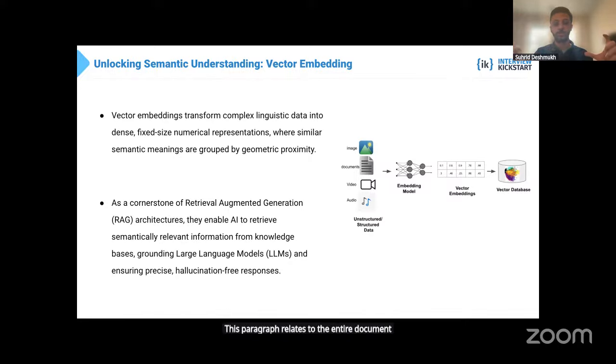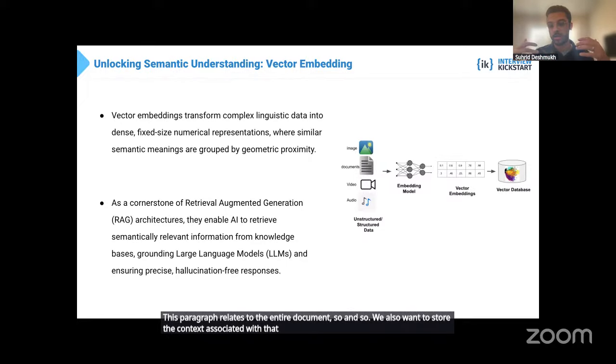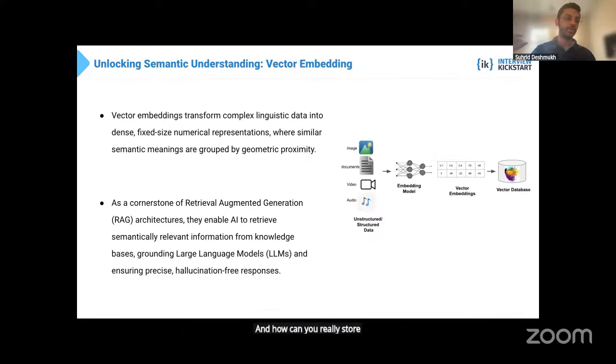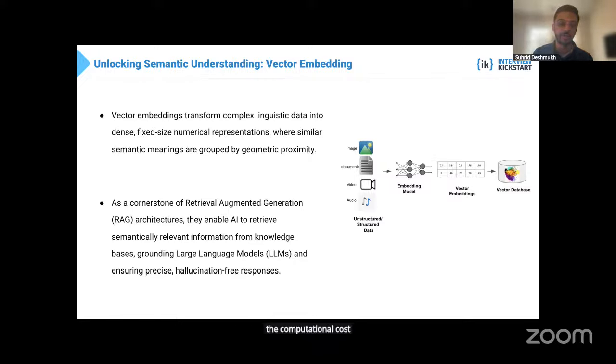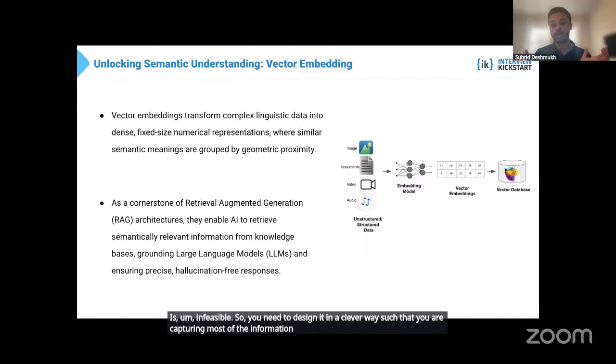We also want to store the context associated with that paragraph and some information around it as well. How can you really store this information? You cannot dump all of that document into a database because the computational cost and the memory footprint associated with that is infeasible. So you need to design it in a clever way such that you are capturing most of the information and yet not exploding your memory usage.